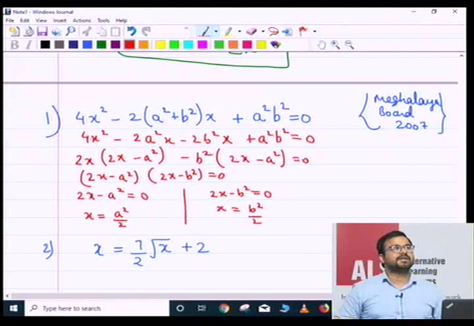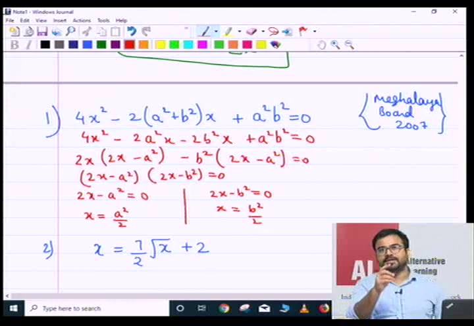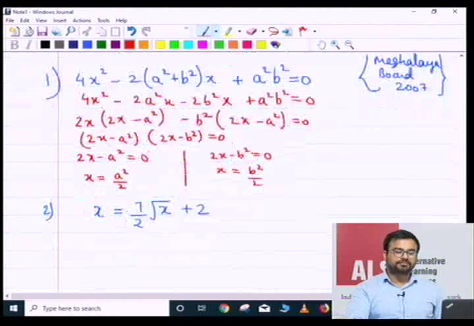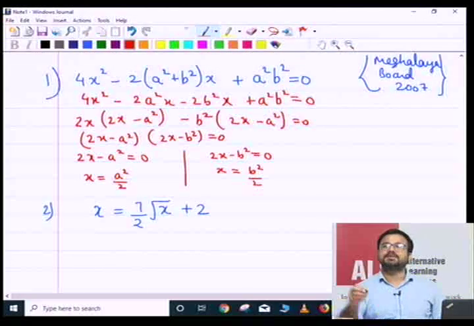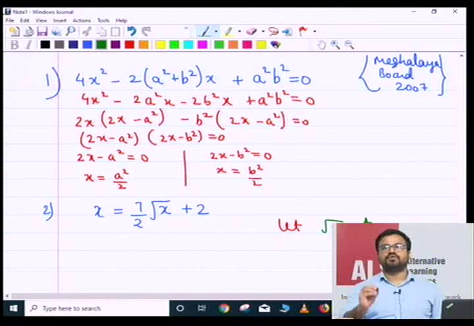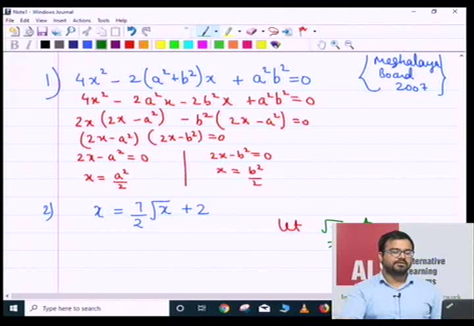Now for the second question, Tamenglong and all the other people, it is a quadratic one. x is equal to 7 by 2 root x plus 2. So you can substitute it. Let root x is equal to t. If you square on both sides, you can write x is equal to t square.